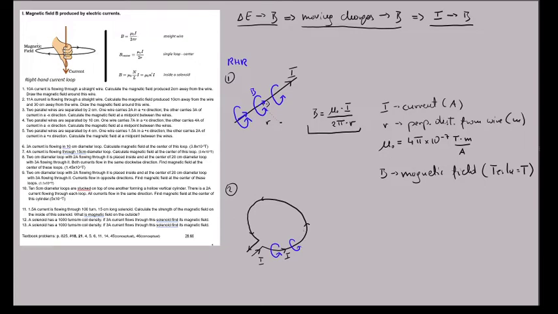If you move here, you will get a magnetic field that does something like this. If I'm over here on this side and my thumb points in the direction of this arrow, then my fingers would curl in this way.